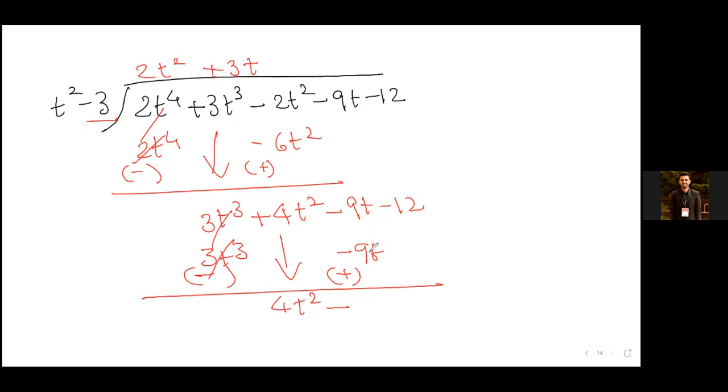This term is 0, and we get 12. Then multiply this with plus 4, and you get 4t square minus 12. So the remainder is 0.